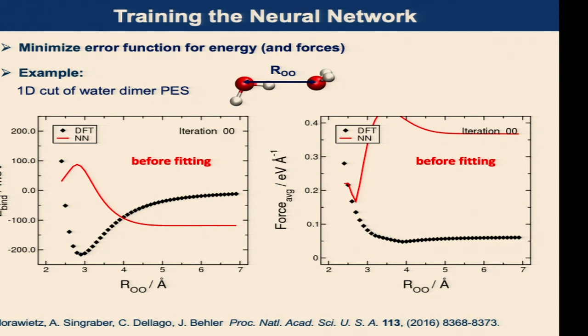For example, in this case, we test the water dimer. On the left-hand side, the black diamond is the DFT reference data of the two atoms, oxygen 1 and oxygen 2. At the same time, we can also do force fitting.